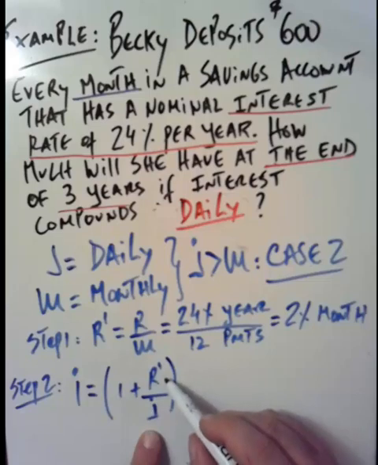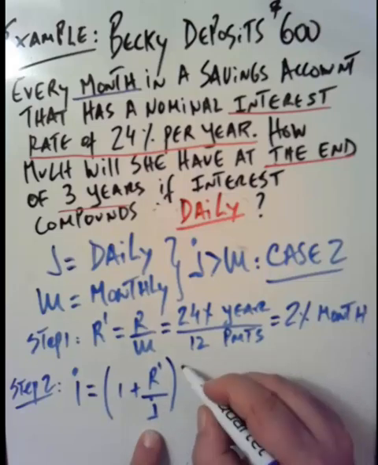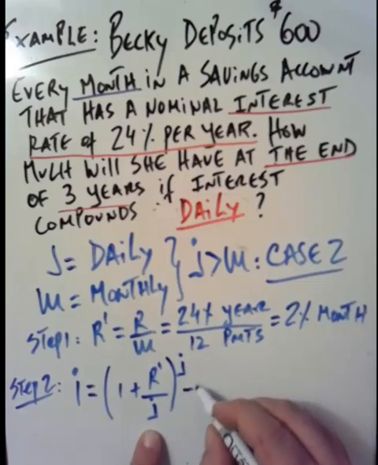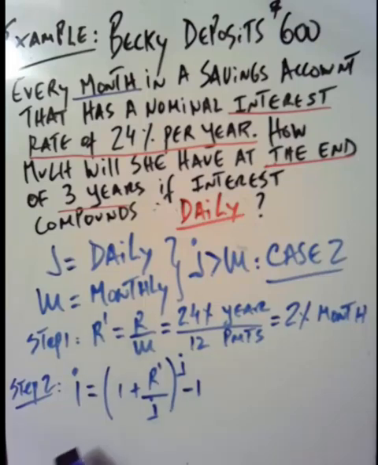So 1 plus r prime divided by j, to the power of j, minus 1. Right? We're looking for the interest rate. So here we did 1 plus this ratio. Then we have to take the 1 out, so we put minus 1. So we get the interest rate that effectively is being earned in between the cash flows.